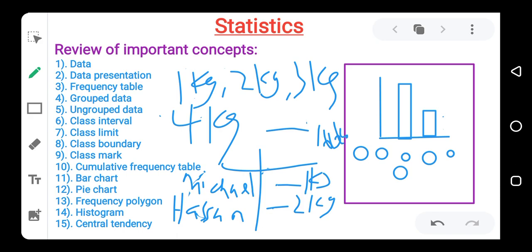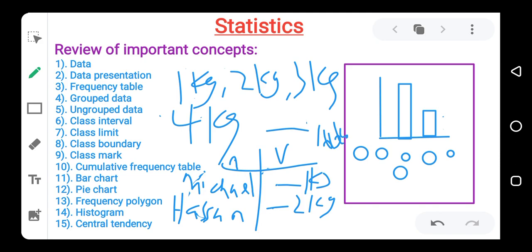This value that represents the number or the weight of the student is called the frequency. So this is what we call ungrouped data, where each of the data has a single frequency that goes with it.